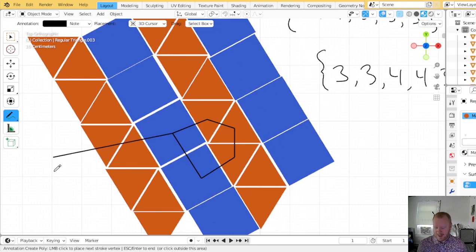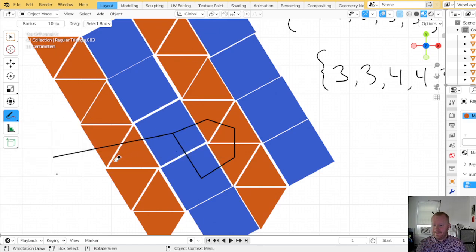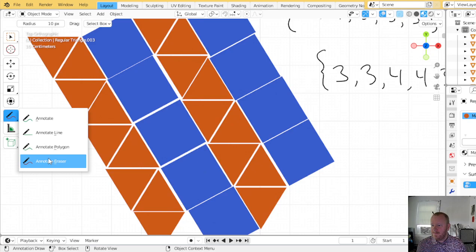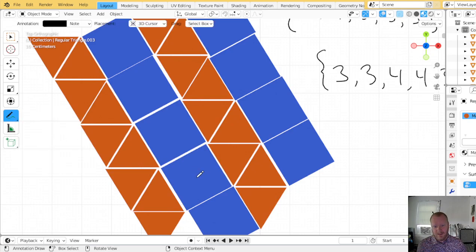So a little bit more accurate about this. Okay, so trying to find as close to the center of each of these shapes as possible.